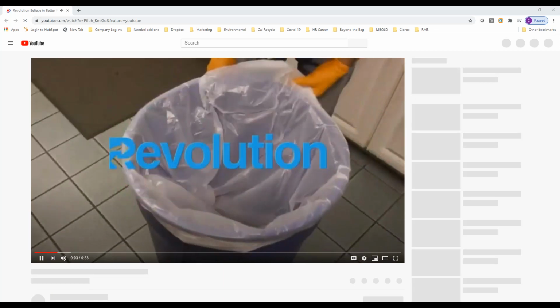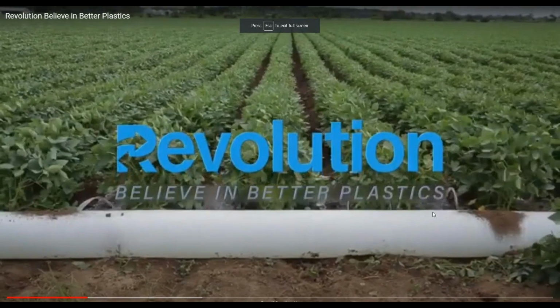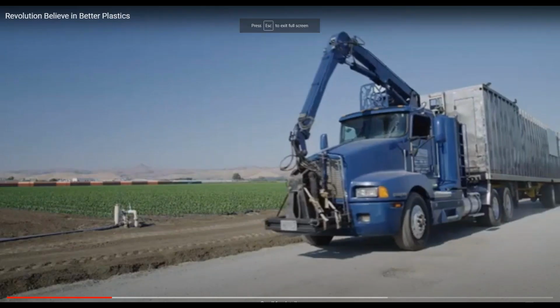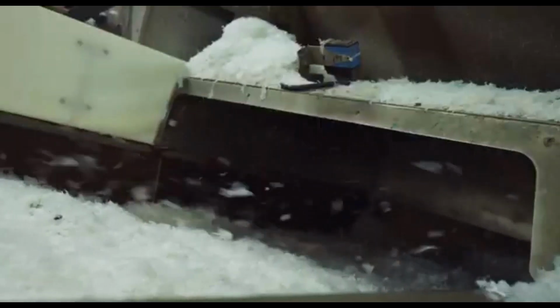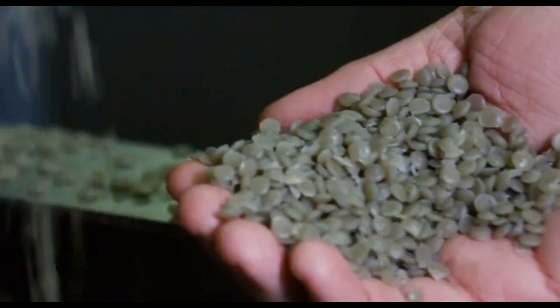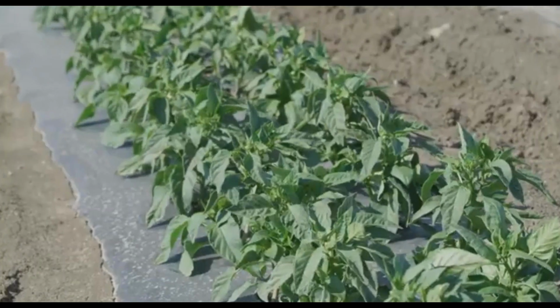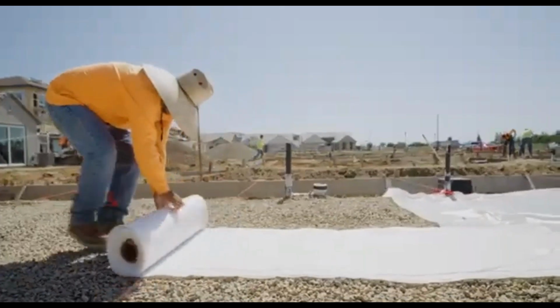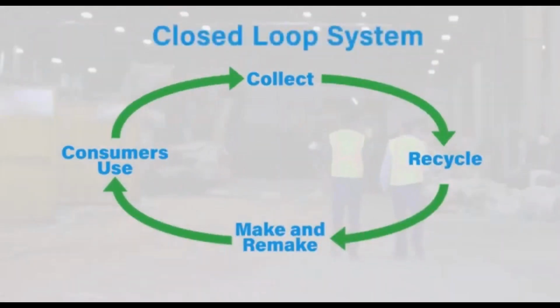At Revolution, we believe in better plastics that help preserve our environment. Through our revolutionary manufacturing, collection, and recycling process, our products contain as much post-consumer resin as possible, providing our customers with truly sustainable plastic products for agriculture, consumer, and industrial use. Our ongoing production and recycling process is a closed-loop system, and it makes an impact.